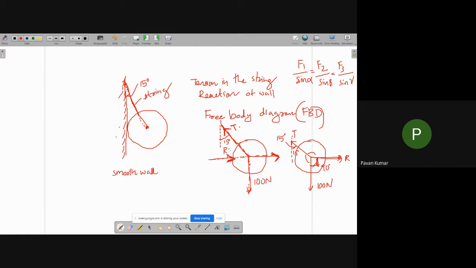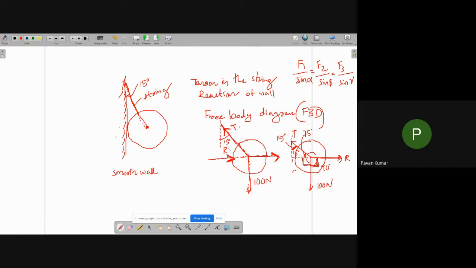So one angle we know. Now, if this angle is 15, then this angle will be what? 75. Simple math is involved.